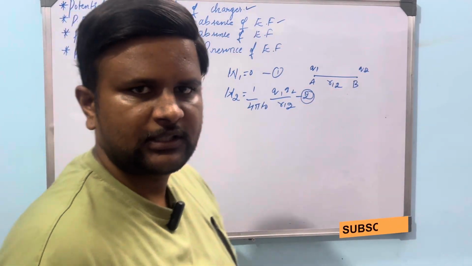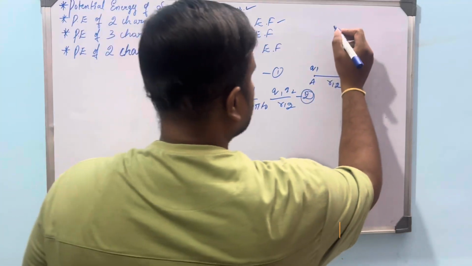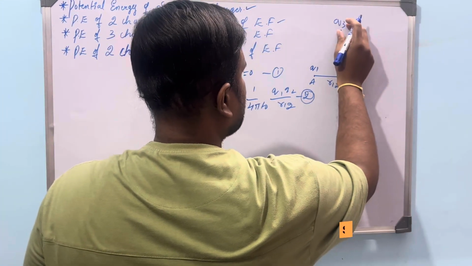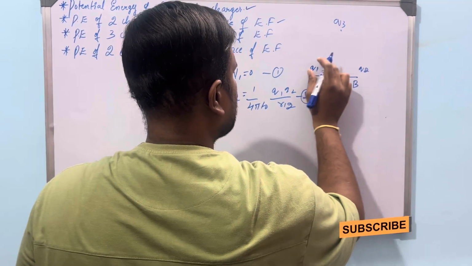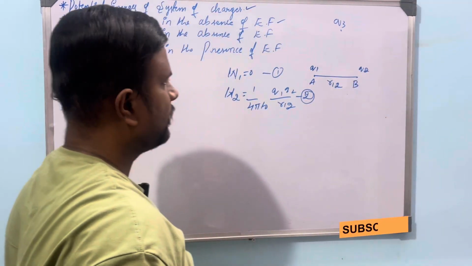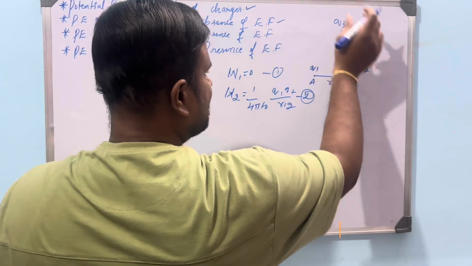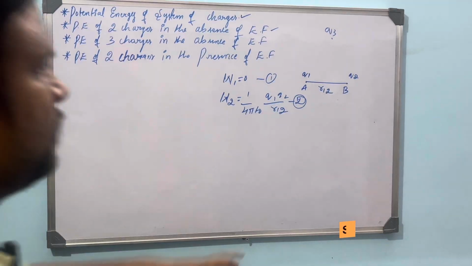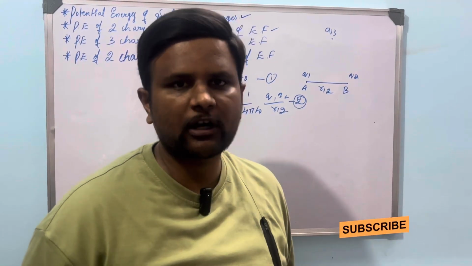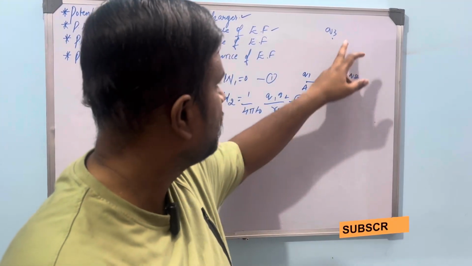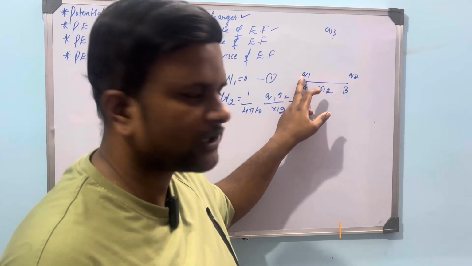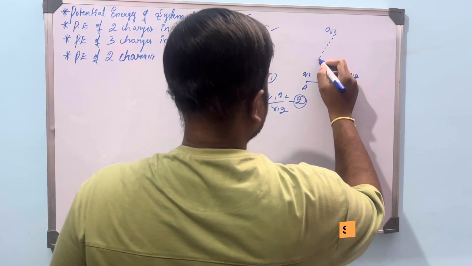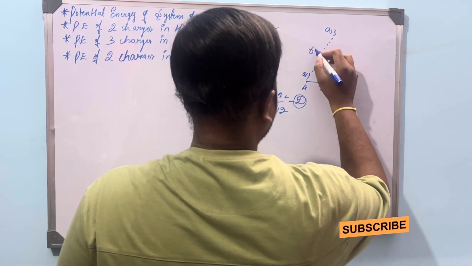Now suppose I want to bring the charge q3 from infinity to this point. I need to overcome the potential of charge q1 and also charge q2. When I bring charge q3 from infinity, I must overcome the potential of q1 and the potential of q2 as well. Simply put, q3 has to fight with q1 and with q2.